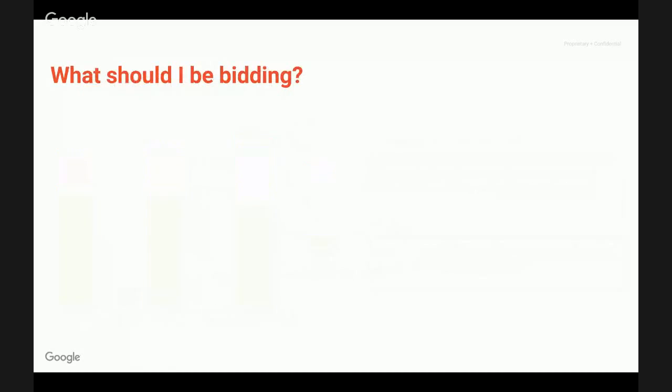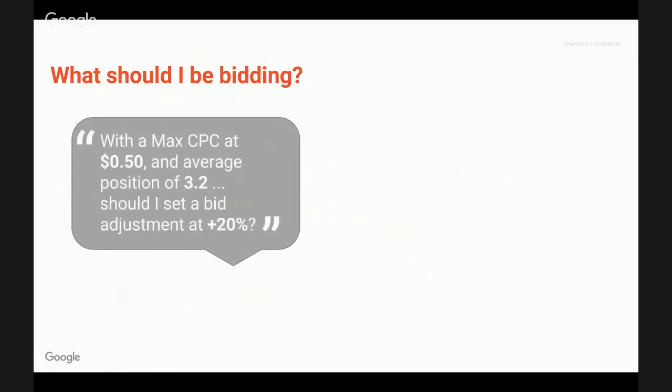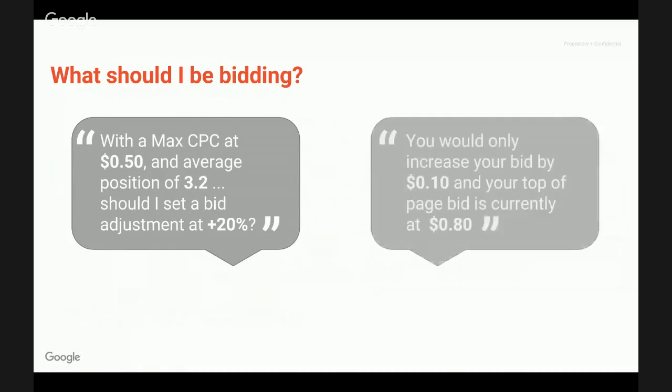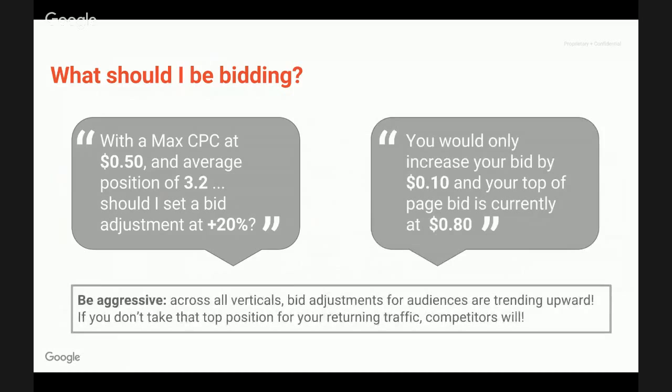First off, what should I be bidding? That's a very common question. I'm going to give you a very simple example. We have a max CPC of 0.50 and an average position of 3.2. The question we always get is, should I just make a bid adjustment of 20%, so they come up with some ballpark adjustment.